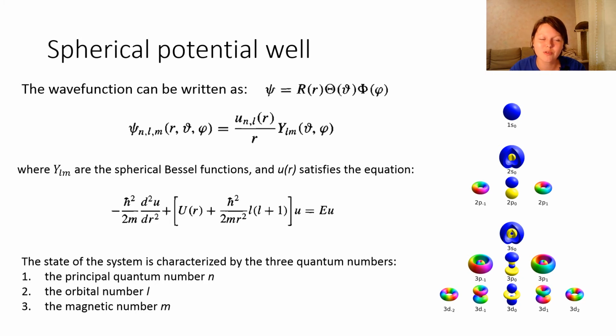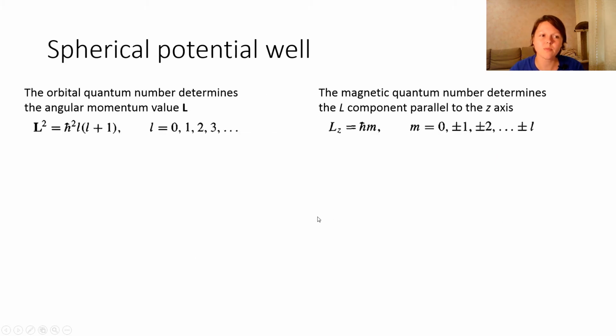The state of the system is characterized by three quantum numbers: the principal quantum number n, the orbital number l, and the magnetic number m. The 3D model of the orbitals with different quantum numbers you can see here. The orbital quantum number determines the value of the angular momentum, and the magnetic quantum number determines the number of L components that are parallel to the z-axis.